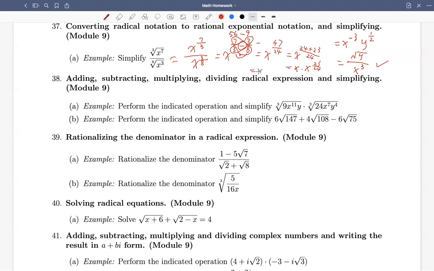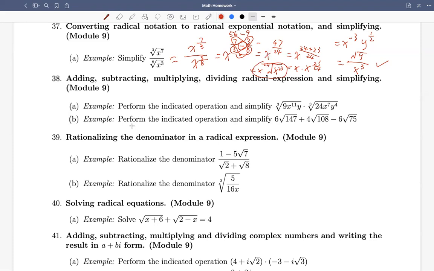Or we can write it as x times the 24th root of x raised to 23. In a rational exponent, the numerator is the power and the denominator is the index. So this is our final answer for 37.